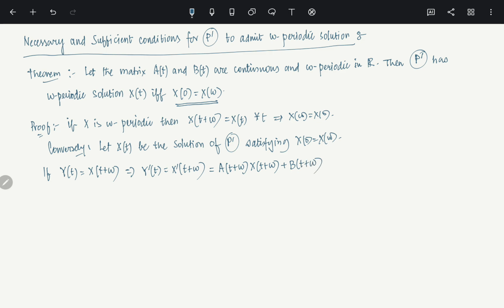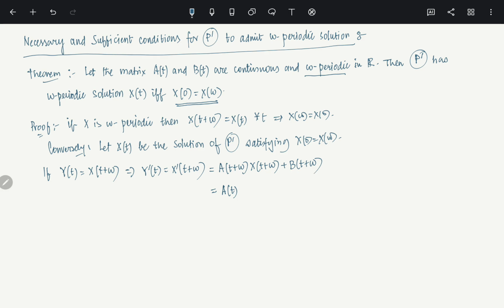See, if x is a solution of the problem, it satisfies the equation for all points in the interval. So t plus w is some point, right? So we can just substitute t plus w. Now you see, since a and b are w periodic, as is given, a of t plus w is nothing but a of t.